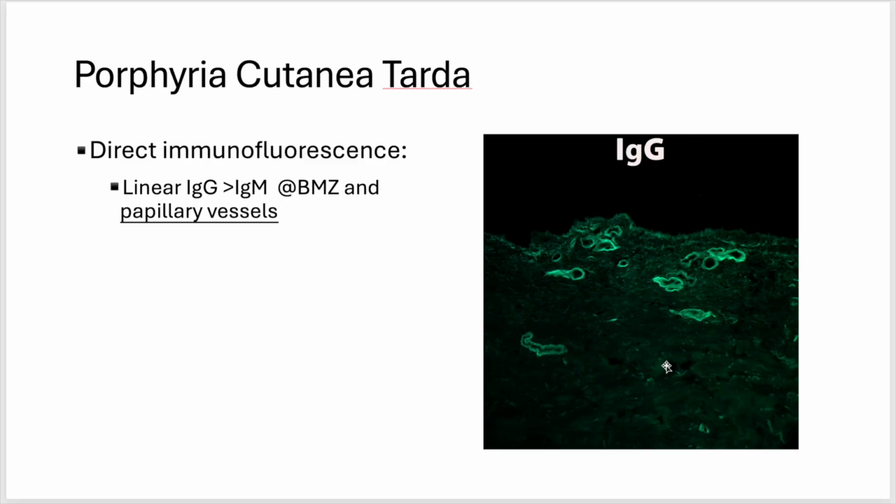They are just passively deposited, due to the sun-induced damage to the vessels and dermal structures, allowing serum proteins like IgG to get trapped. So unlike disorders like bullous pemphigoid, there is no pathogenic immune response targeting a specific structural protein here. And that is also the reason we don't see much inflammation.